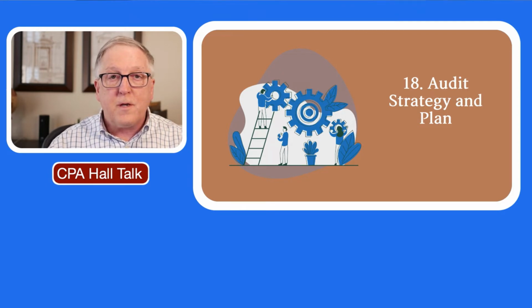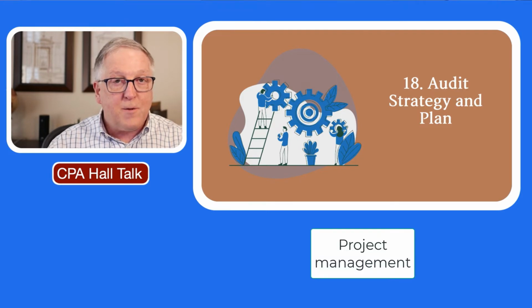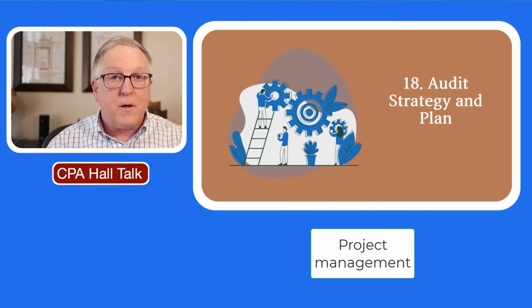So you're going to see some of this has to do with project management, which is something auditors don't think about very well, and we don't use project management in the way that we should. Consequently, we bump into problems as we perform the audit that makes our budget explode.